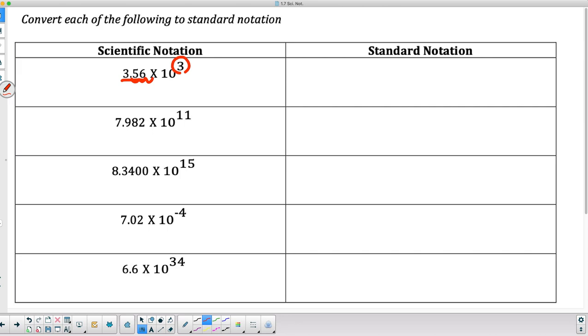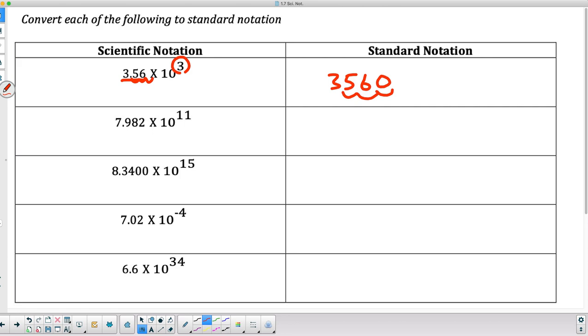When I move it 3 places to the right, notice that my decimal has one extra spot that I fill with a 0. So please use the zeros as placeholders. So here I have 3, 6, 5, 0 because I moved 3 places, 1, 2, and then 3. And the last place is a 0 for a placeholder.